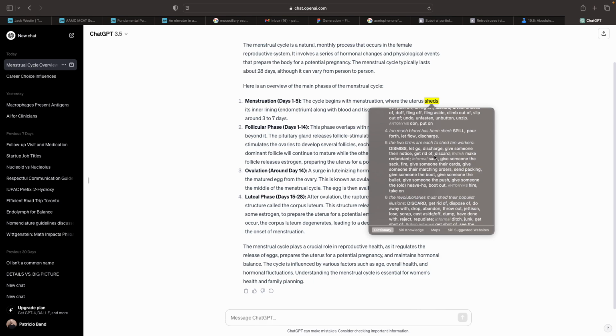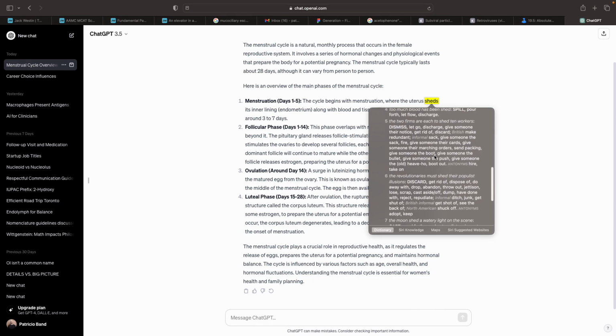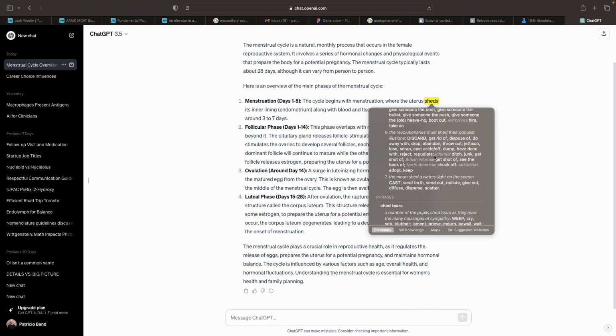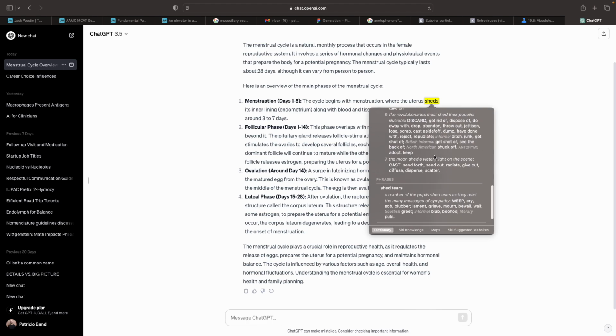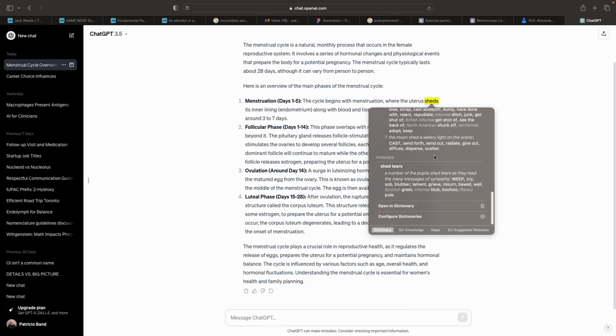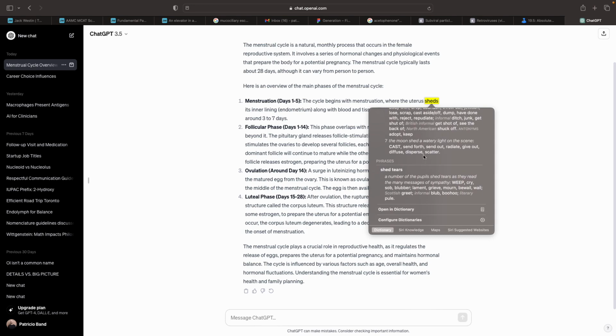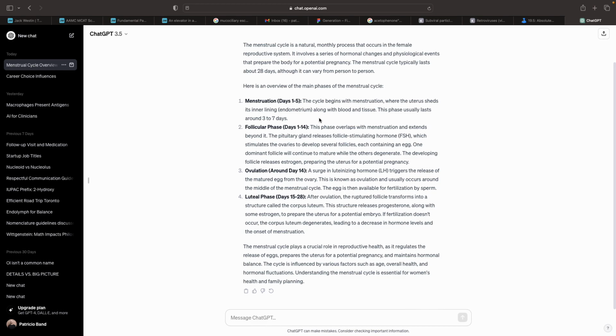The two firms are each to shed 10 workers, dismiss. The revolutionaries must shed their populist illusions, discard. It gets rid of it, right? So you dismiss it. You also shed tears. So you weep, you get rid of your tears. So during menstruation, the uterus sheds its inner lining, endometrium, along with blood and tissue.